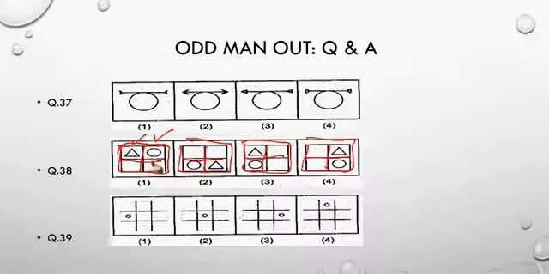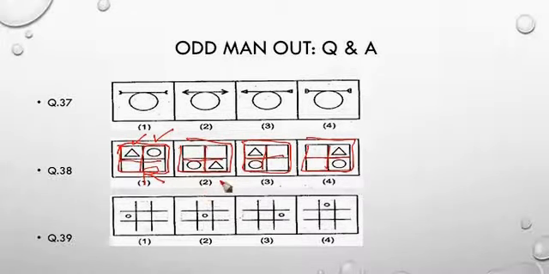So let's examine this. In question number 38, problem figure 1, let's see the position of circle as compared to the position of triangle. We find that the circle is on the right side of the triangle. Let's check in case of problem figure 2.